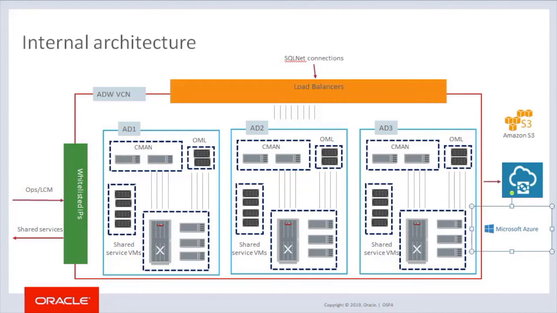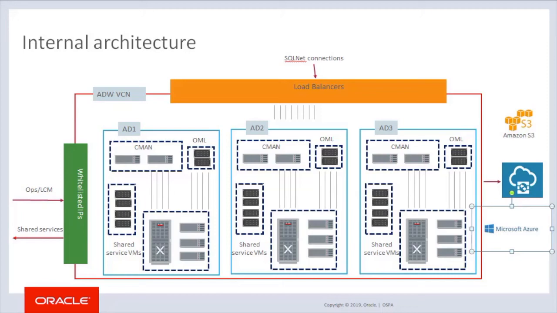This same architecture is replicated across availability domains to provide services redundancy. Users of the Autonomous Database are matched to their service through load balancers that distribute load across available services to provide equal distribution of these available resources.